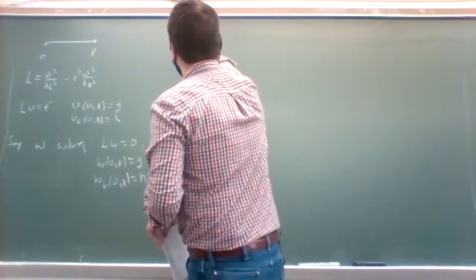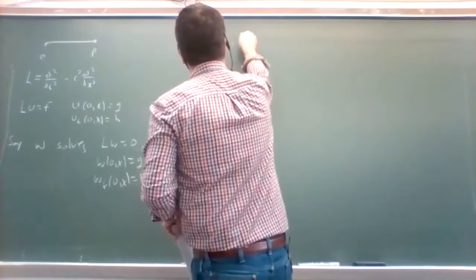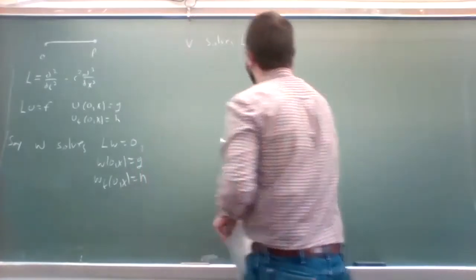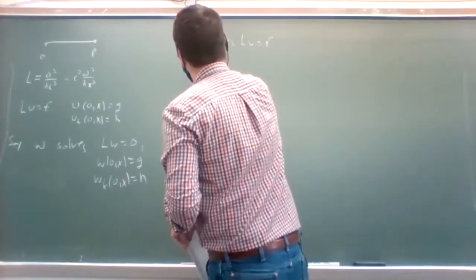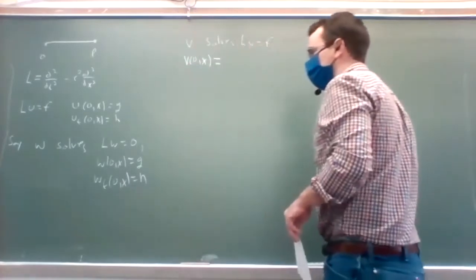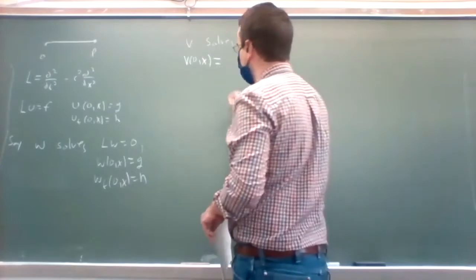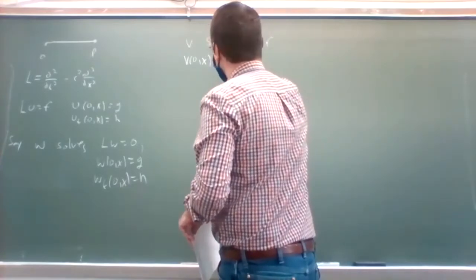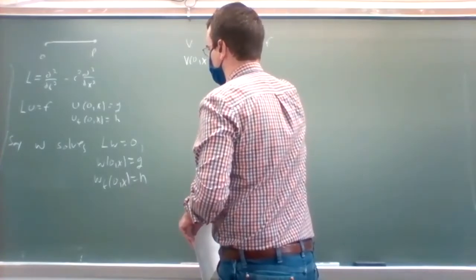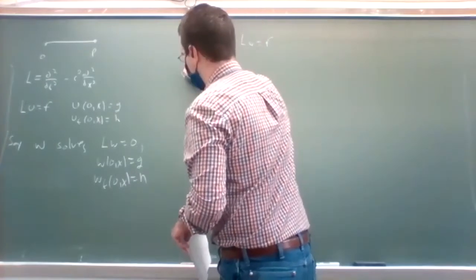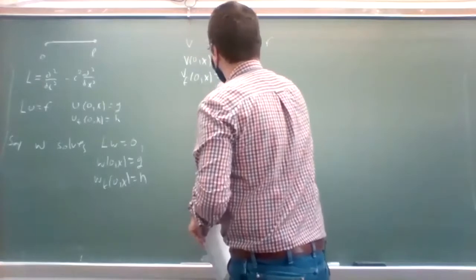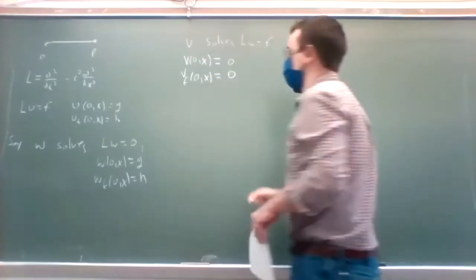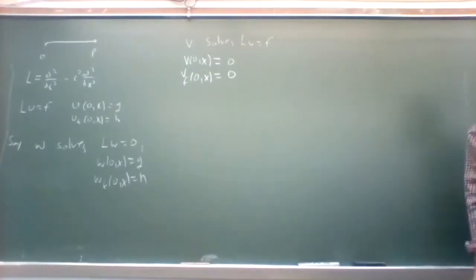And say now that V solves LV equals F, and V(0,x) equals 0, and V_t(0,x) equals 0. So solve these two problems individually like you know how to do.